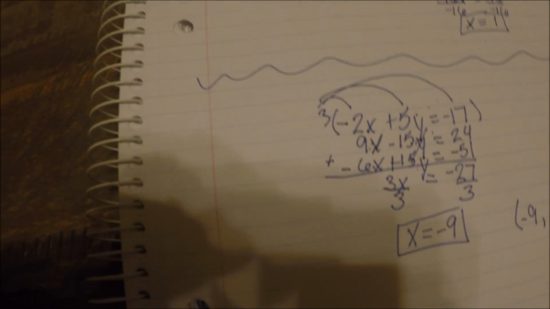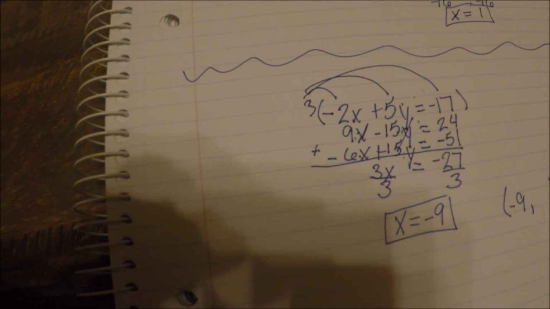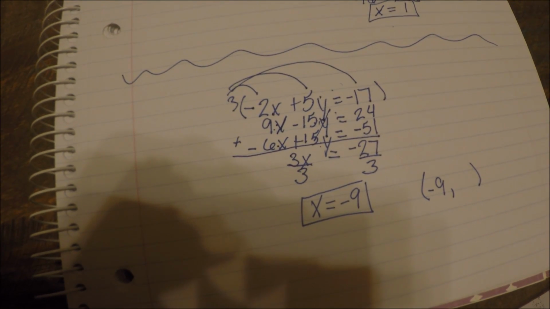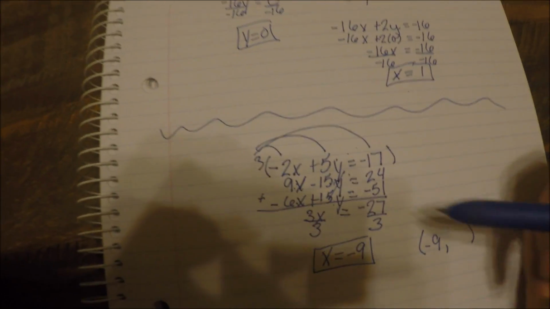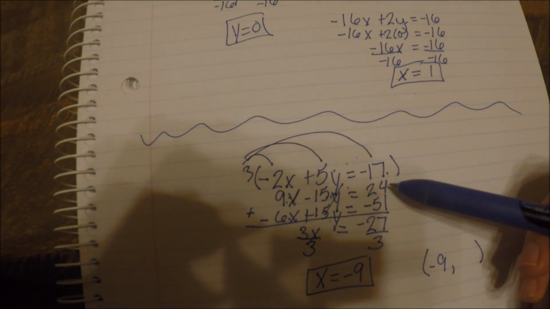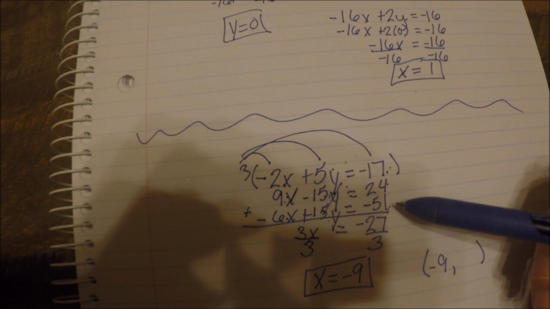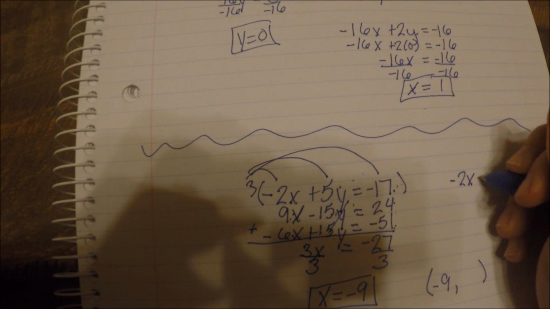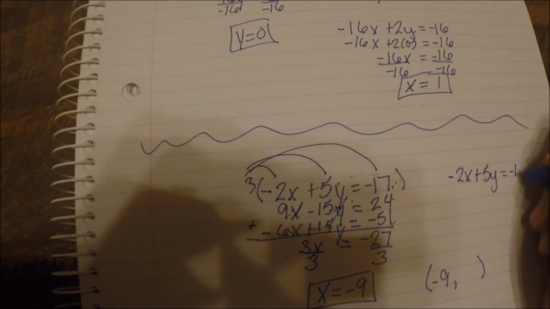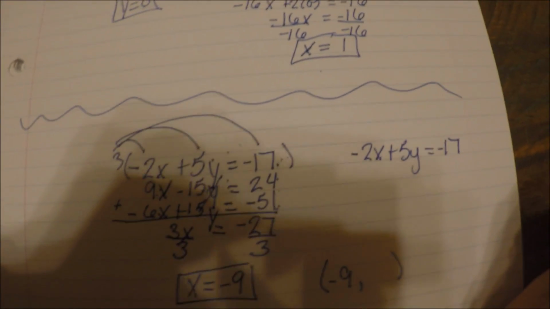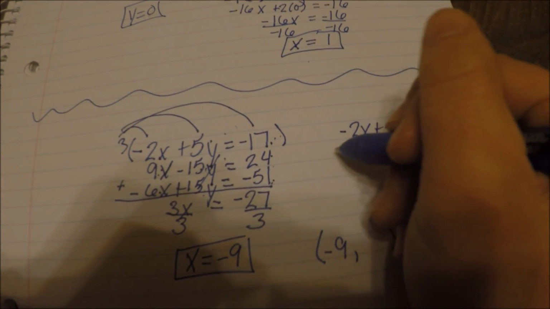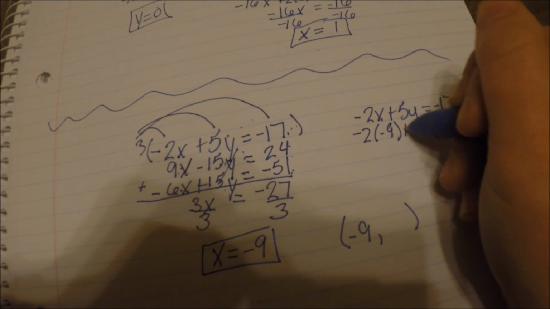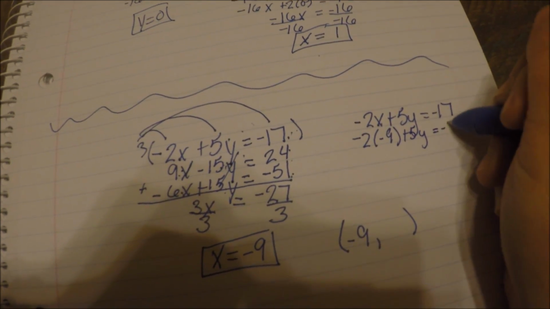What do we need to do with this negative 9 in order to get our other value? Okay, I'm going to substitute it back in to get the y value. I can substitute it back in for any of these equations. I'm just going to choose the top one. So it starts out as negative 2x plus 5y equals negative 17. Instead of saying x, I'm now going to say negative 9. So negative 2 times negative 9 plus 5y equals negative 17.